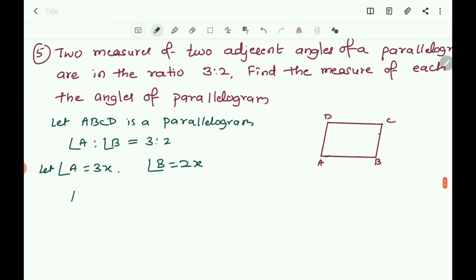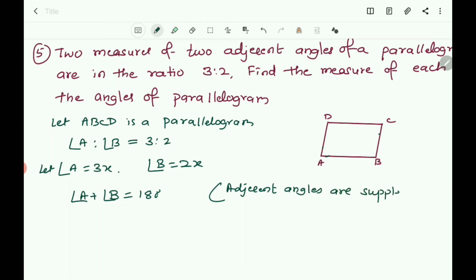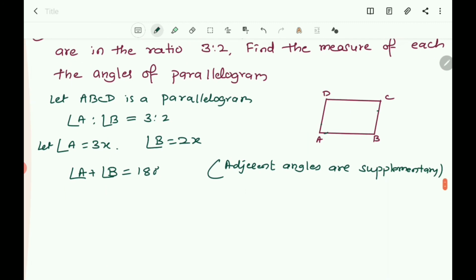Now you know that angle A plus angle B must be equal to 180 degrees. As ABCD is a parallelogram, A and B are adjacent angles, so they are supplementary and the sum must be 180 degrees.